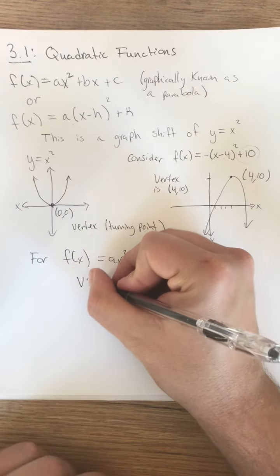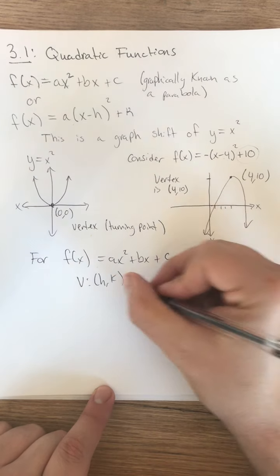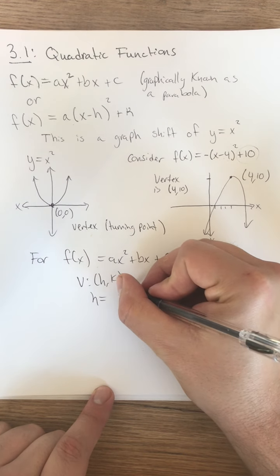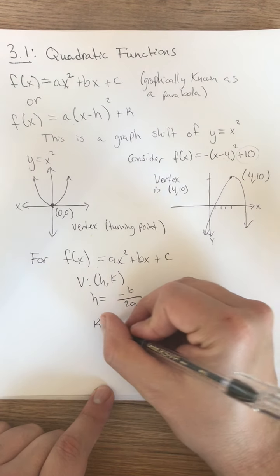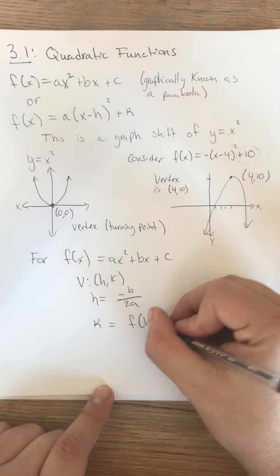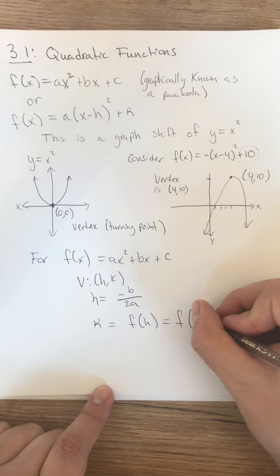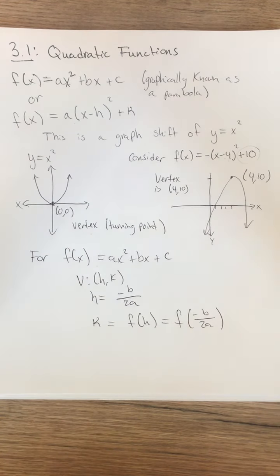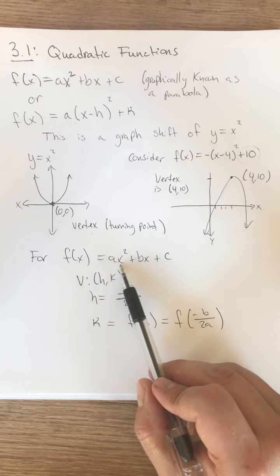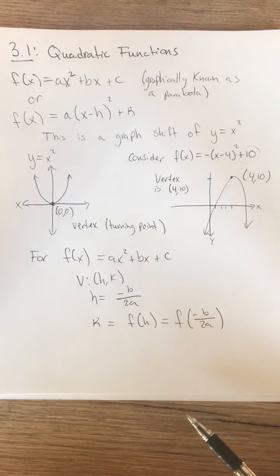So if the vertex is h comma k, h is negative b over 2a, and k is f of h, which is f of negative b over 2a. And that's how we can find the vertex if we have this written out and it's in descending order, ax squared plus bx plus c.